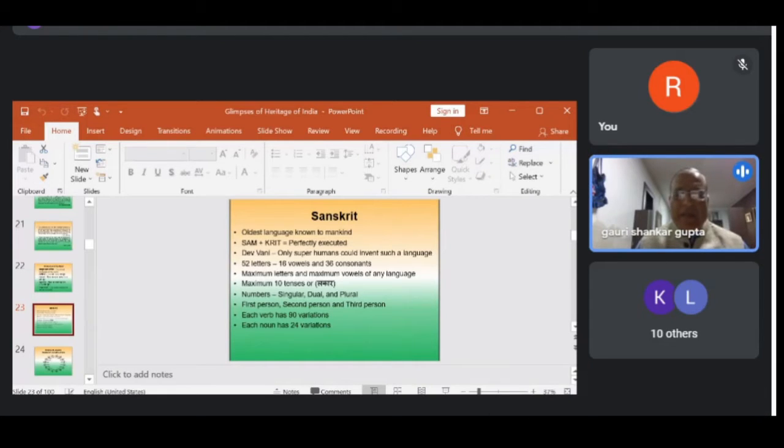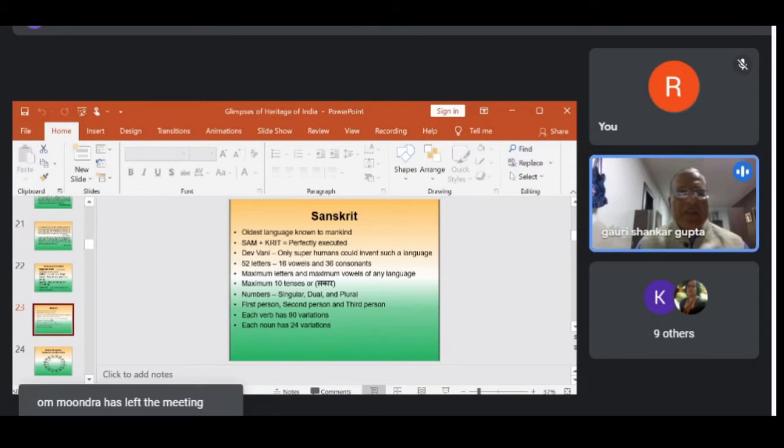I have examined the structure of several languages, and I did not find 16 vowels and 36 consonants in any language so far. Hungarian language is the closest to this, which has 14 vowels and approximately 28 or 30 consonants.